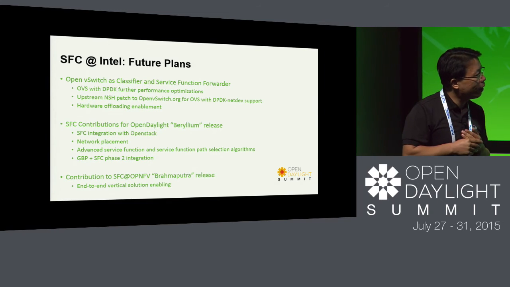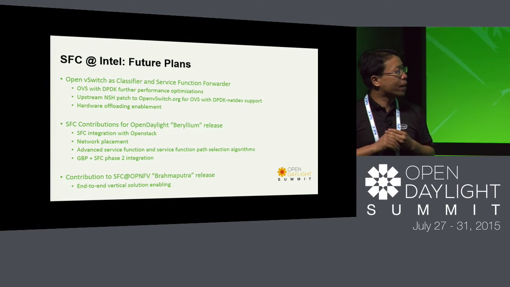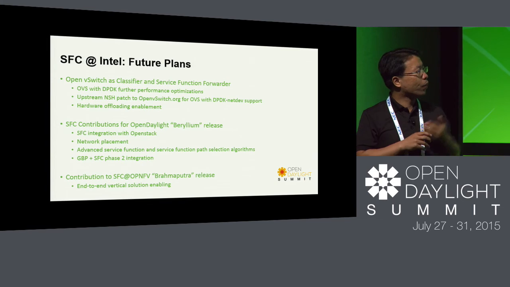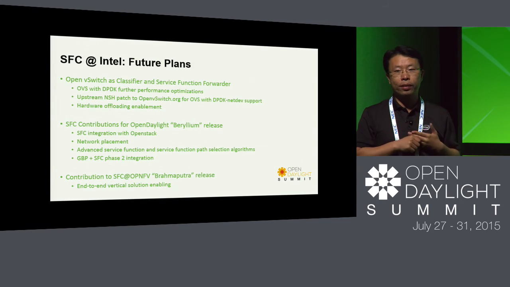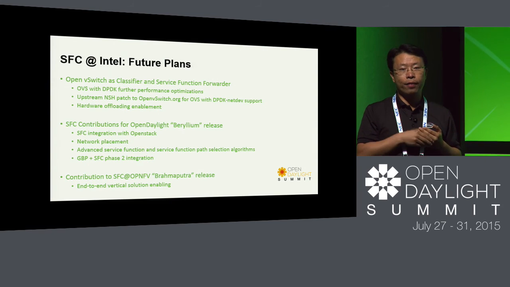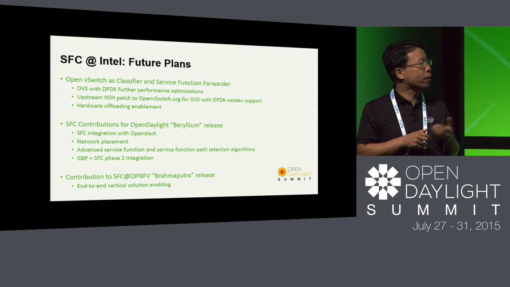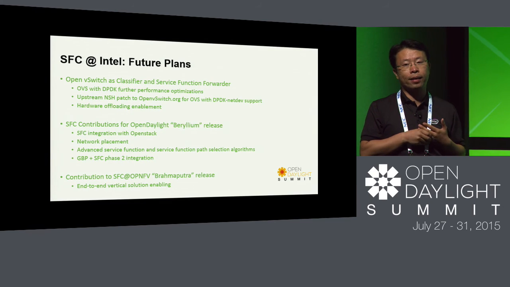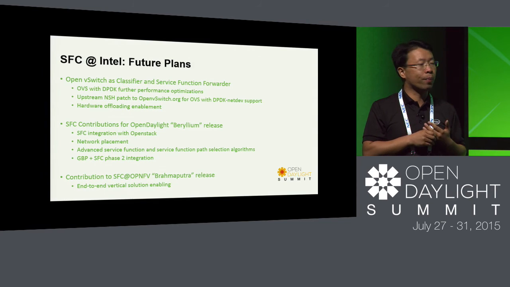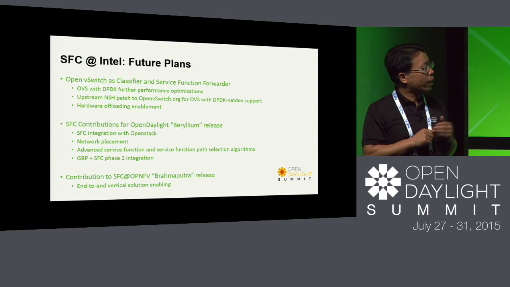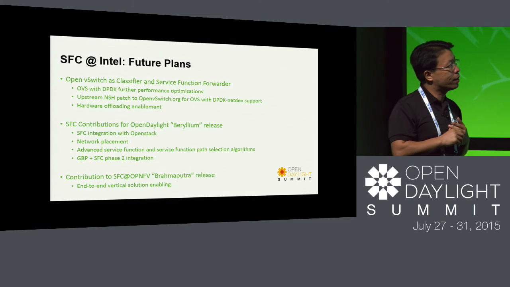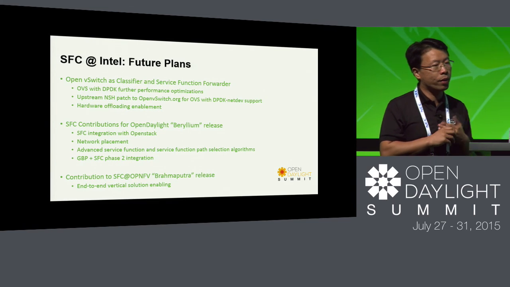In terms of OpenDaylight, we are working with the community to add some new features like network placement, meaning we want to place the VNFs by leveraging existing infrastructure in OpenStack, such as Glance, Nova, and Neutron, to start the virtual VNFs using existing capability in OpenStack. We are also working on advanced service function path selection algorithms.